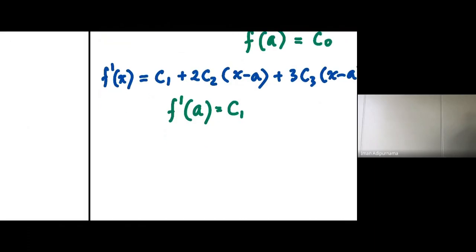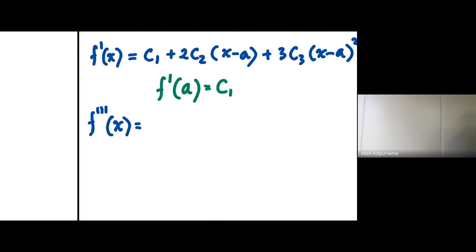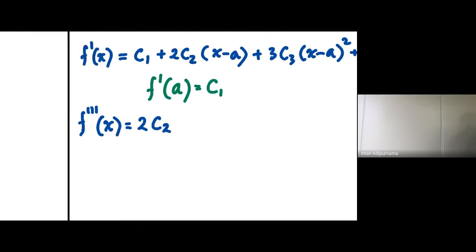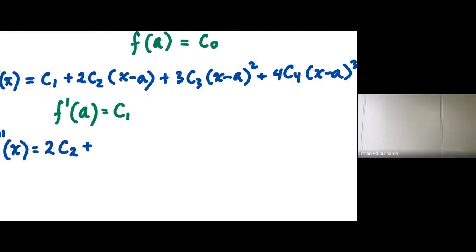Now we can do this for the third derivative, and then maybe the fourth, fifth, but you will see there will be some pattern. So this will be only 2C2 plus. Now we are differentiating 3C3 times x minus a squared. So this 2 will be going to the front. So it will be 2 multiplied by 3.